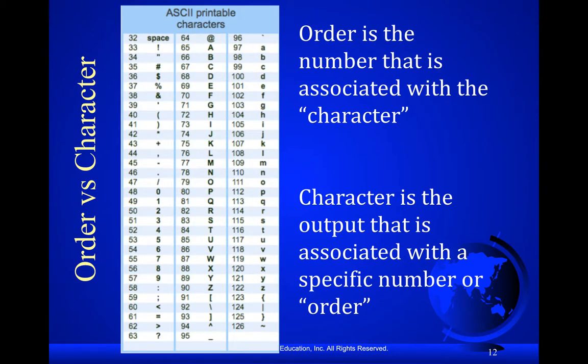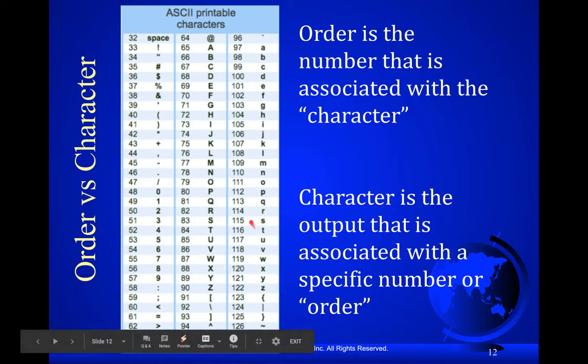So, a spacebar is associated with the number 32. The capital A is associated with the number 65. The lowercase a is always associated with the number 97. You'll notice that it has all 26 letters here.